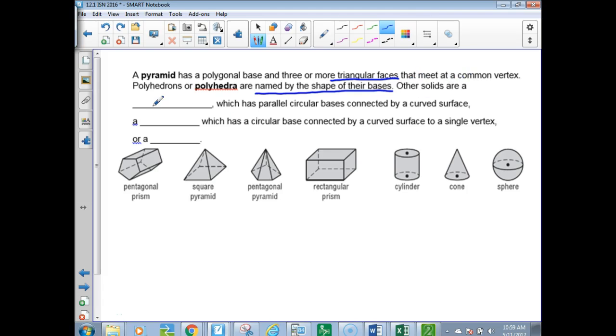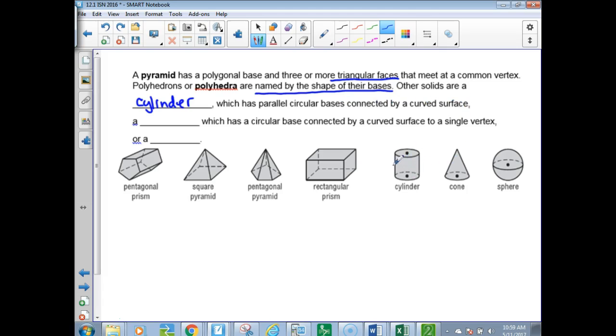There are some other types of solids that are not pyramids or prisms. Other solids are a cylinder, which has parallel circular bases connected by a curved surface.